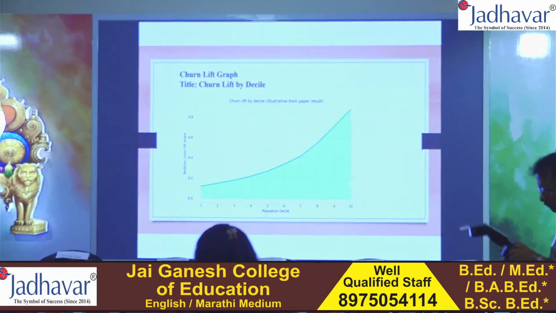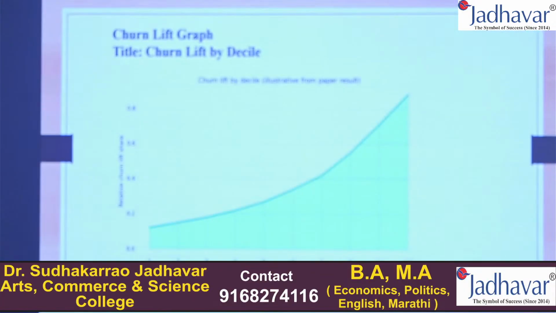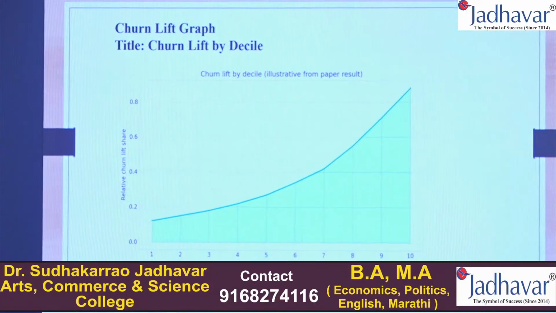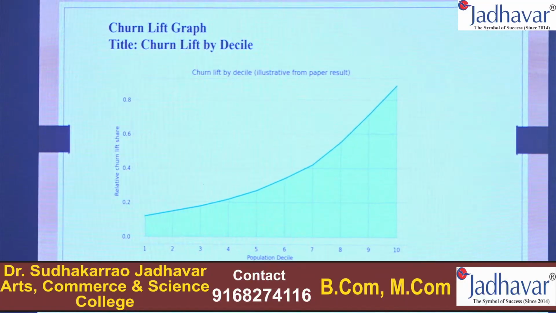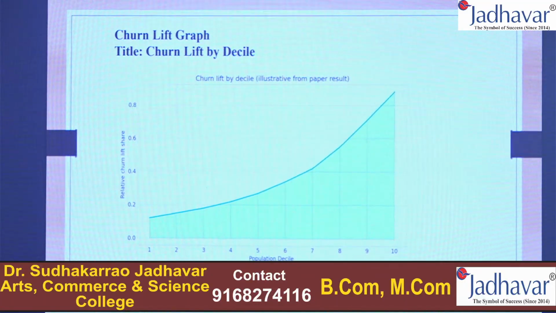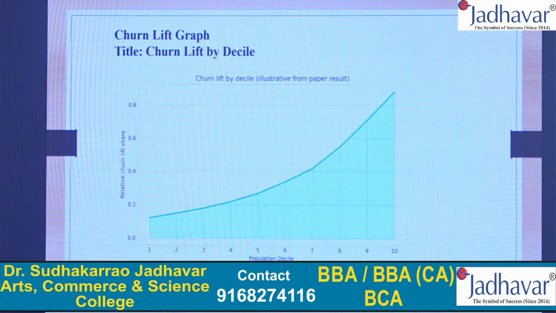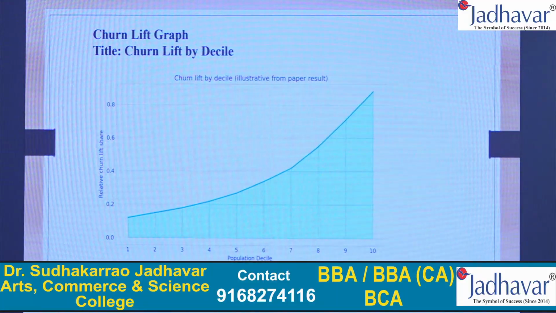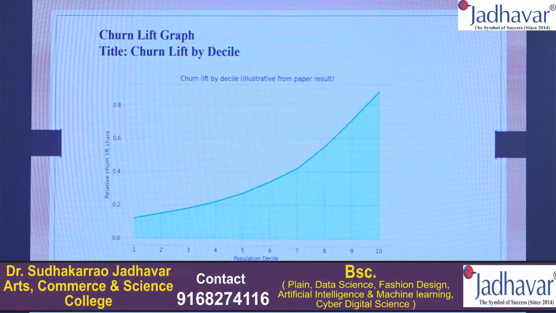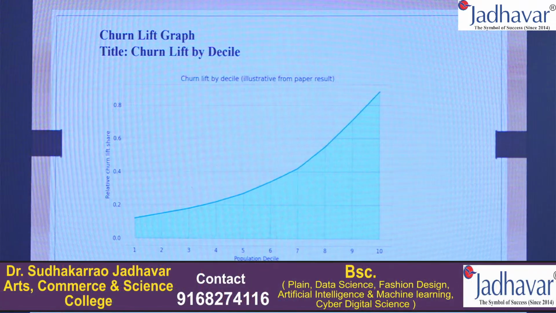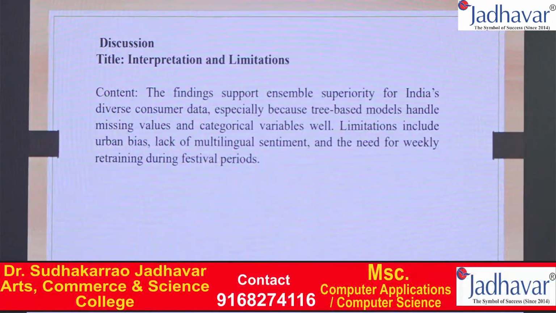The x-axis is population decile from 1 to 10, whereas the y-axis is relative churn lift share, which shows how much churn is captured in each decile. A higher value means more churn, as we can observe from the diagram. The increasing trend is that the graph rises gradually and then sharply after decile 7, which indicates the model is efficiently ranking customers. That is the explanation of the graph.